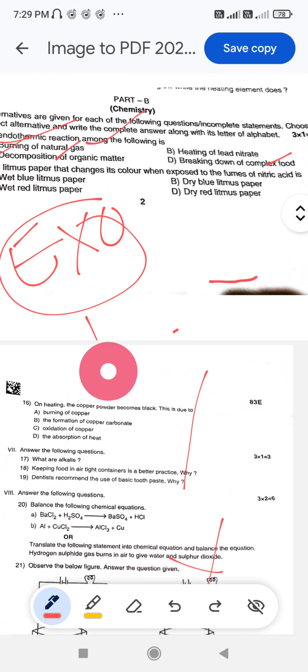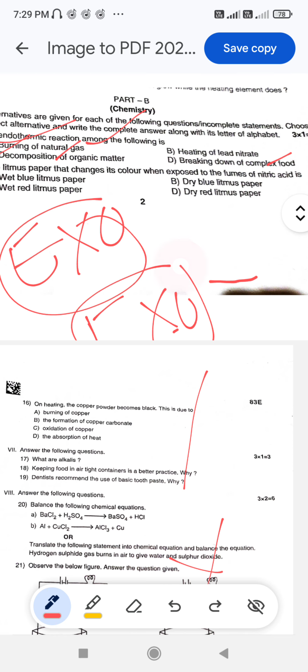This is also an exothermic reaction, because all the food we eat is broken down in our stomach and small intestine and produces energy. So A, C and D are all exothermic reactions.